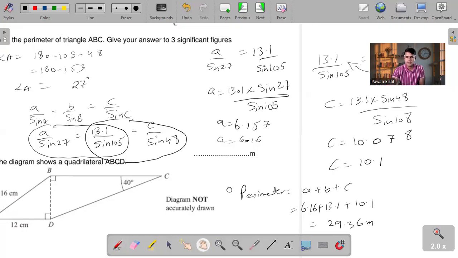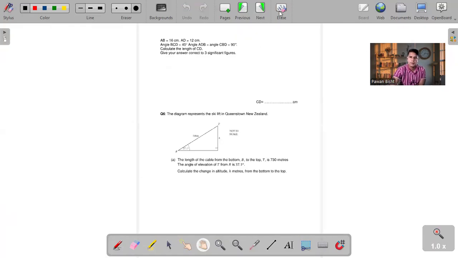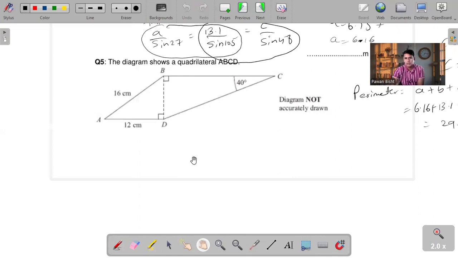Right. Easy, yeah? Now, next, the diagram shows a quadrilateral ABCD. And what we have to find? We have to find the length of CD correct to three significant figures. I give you a hint how to do this question. You can try this question on your own. Here you have to find CD.